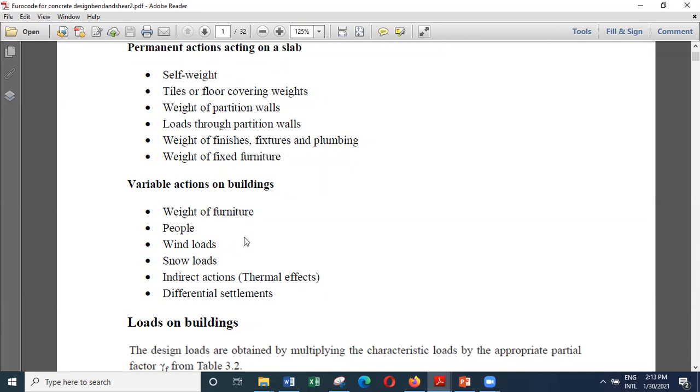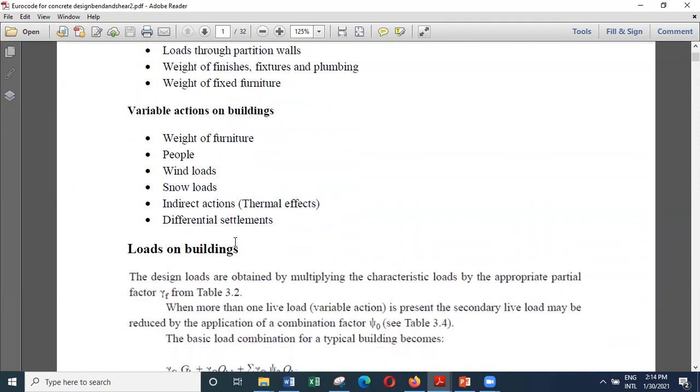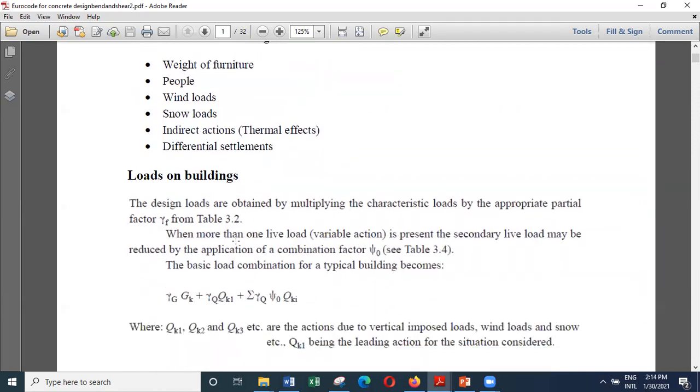So there's a possibility that the vertical loads will act with the horizontal loads. And to take account of that, we have to combine the loads. So the way that Eurocode allows us to combine the loads is that you have to multiply the characteristic loads by the appropriate partial factor, gamma f.